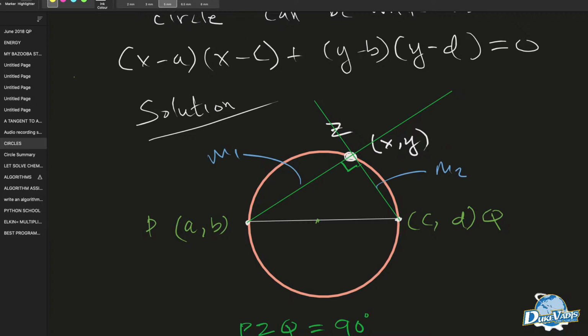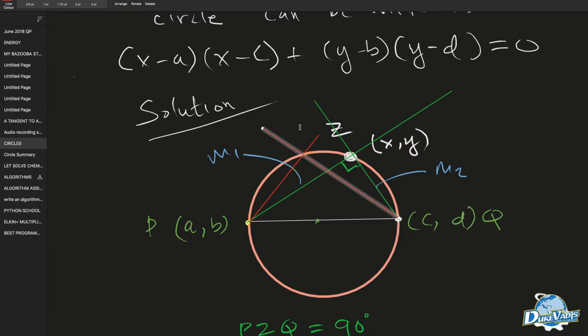Well, we can decide to choose any line. For instance, let's take this red line. We draw a line from P to this point, then go back and draw another line from Q to intersect at this point.